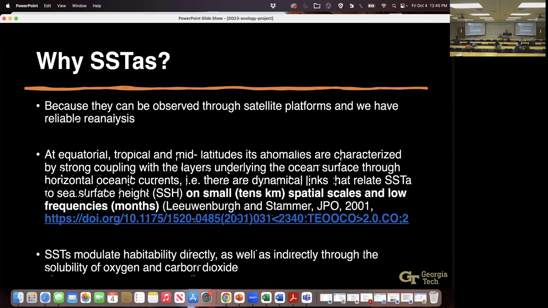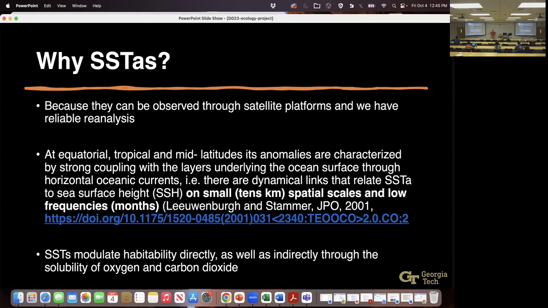Okay, so think about the ocean surface. You have two forcings. One comes from the atmosphere, and one is intrinsic to the ocean because you have currents. Now, the atmospheric signal between, let's say, 40 north and 40 south is very large scale because the Rossby deformation radius of the atmosphere is much larger than the Rossby deformation radius of the ocean.